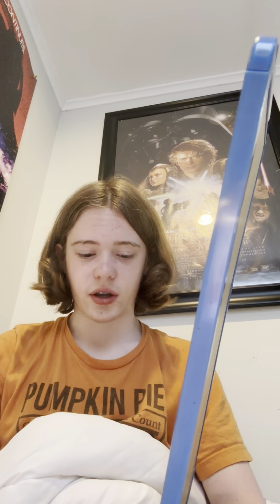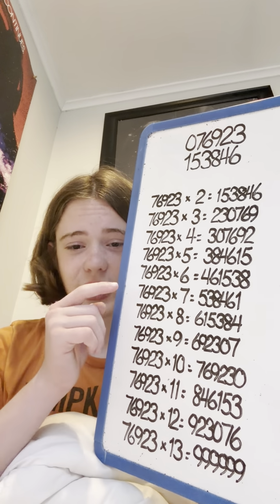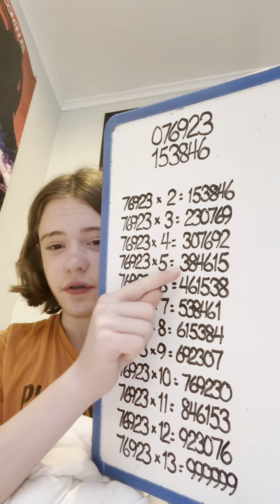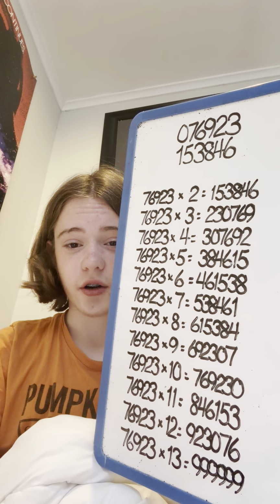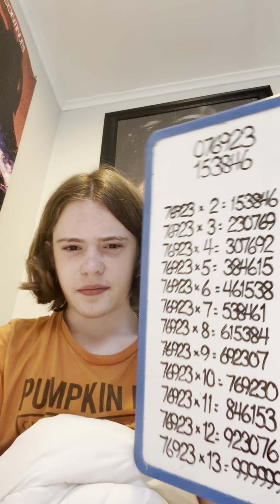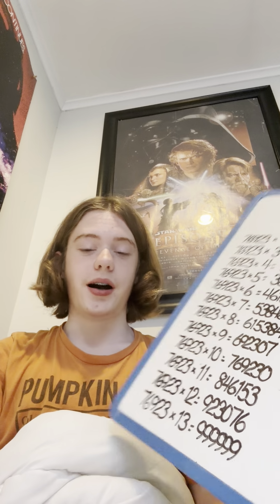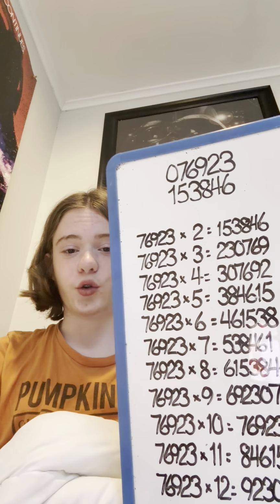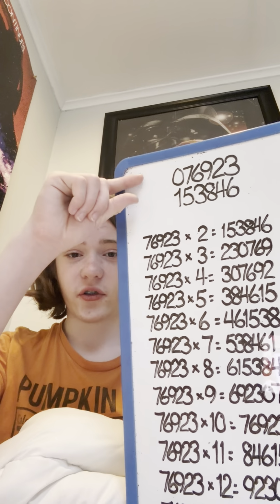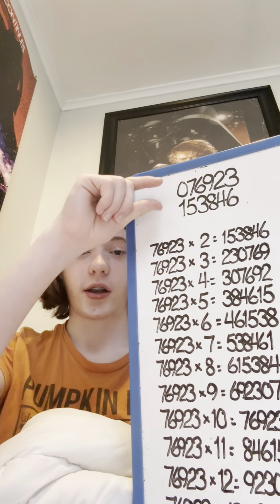But anyway, this number is most famous for appearing as 76,923 times 5. And what's special about 76,923? Well, if you multiply it by any number up to 12, the digits will cycle between these two sets of numbers.